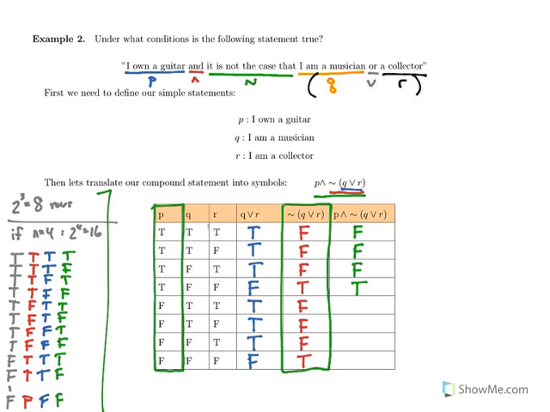The 4th one is true because they are both true. False, false, false, and then false all the way through. So we can say that this is only true if P is true, Q is false, and R is false. We're looking at this 4th row as the only time that it's true.